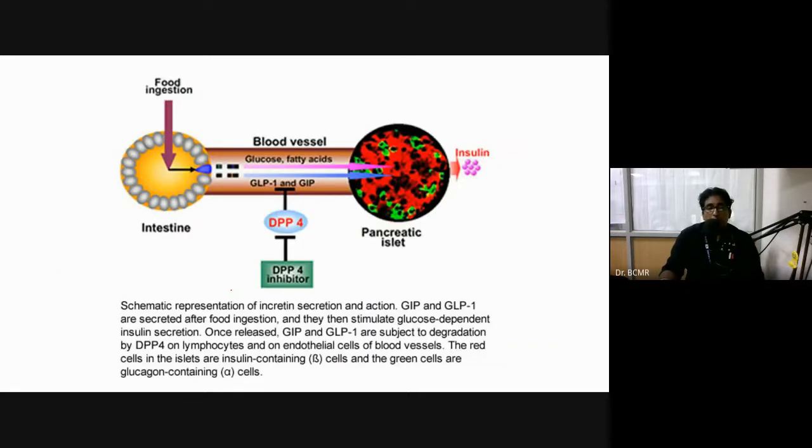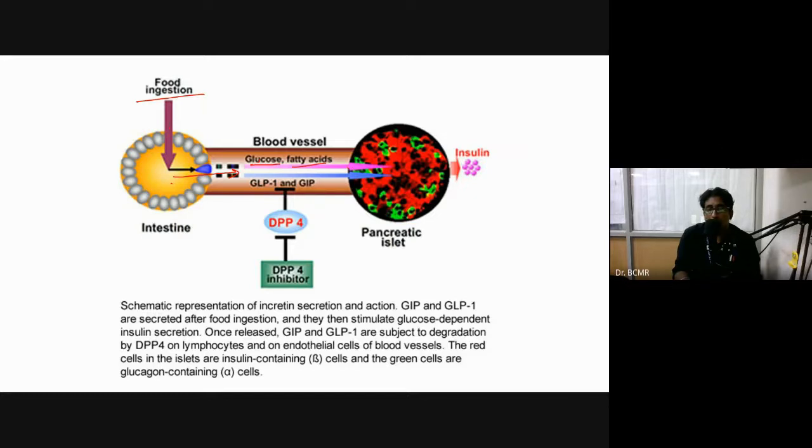First thing, let's look into some biology today. When we eat food, we chew it, and it starts digesting with salivary amylase, and in the intestine the food is taken up, which usually consists of glucose, fatty acids, and so on.